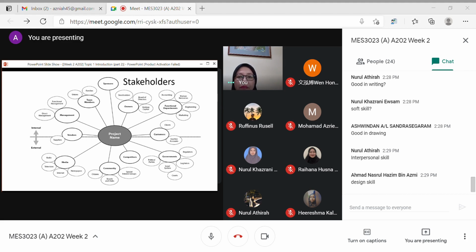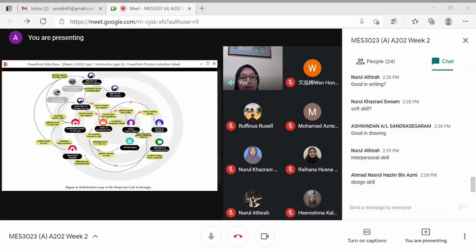So this is one example of stakeholders in a cafe. It's called Dementia Cafe, a cafe for people with some illness, somewhere in Korea. If you can see all the black terms or names, they are all stakeholders related to the cafe.